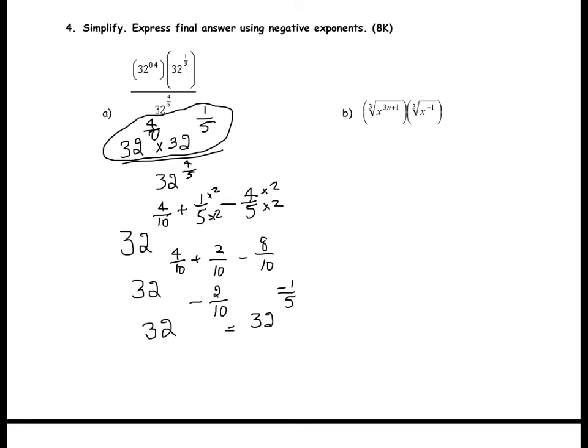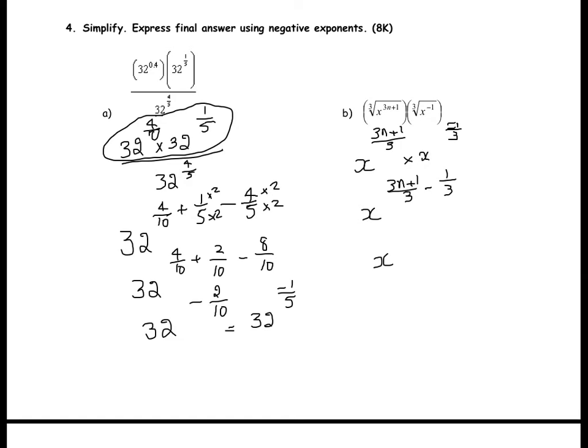The next example, you have cube root of x exponent 3n plus 1 times cube root of x exponent negative 1. So I can write this one as x exponent 3n plus 1 divided by 3 times x exponent negative 1 over 3. Now, since the bases are the same, I'm going to add exponents, so I get x exponent 3n plus 1 over 3 minus 1 over 3.